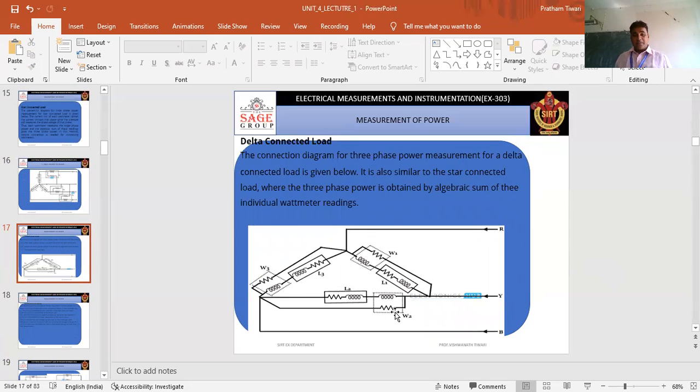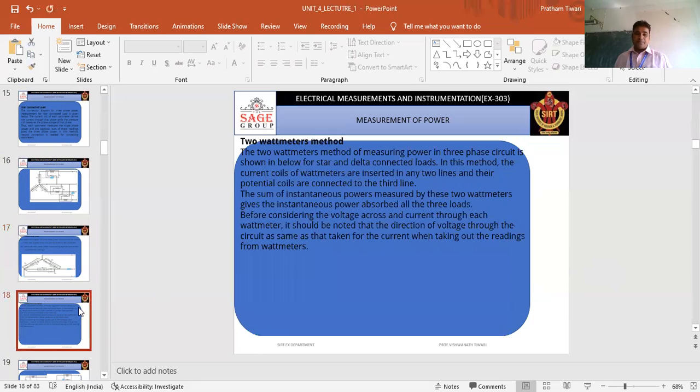This is wattmeter 1, this is wattmeter 2, this is wattmeter 3, and these are the lines R, Y, and B. And if the load is balanced, then we can directly multiply by 3 any one wattmeter, W1, W2, or W3. Then we can obtain the three-phase power.